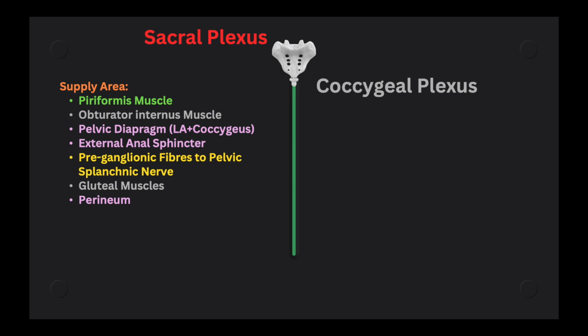The 8 structures supplied by various branches of the sacral plexus are: number 1, the piriformis muscle; 2 other muscles, obturator internus and gluteus muscle; pelvic diaphragm, obviously; external anal sphincter and perineum; and it also gives preganglionic fibers to the pelvic splanchnic nerve, which is actually the parasympathetic supply of the pelvic floor.